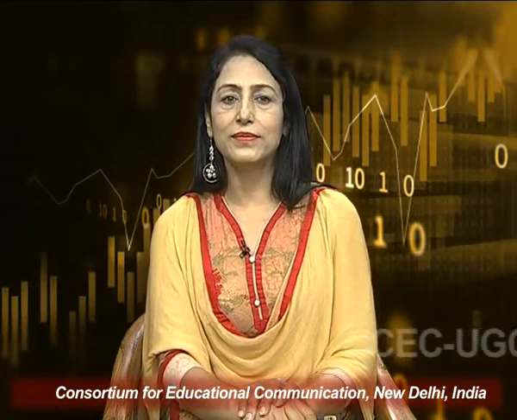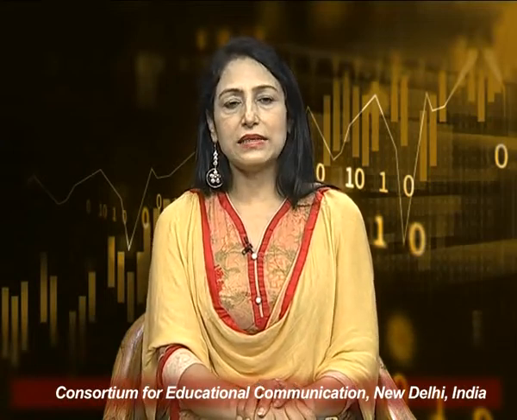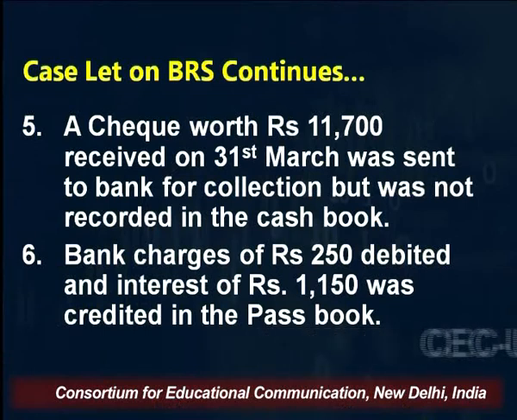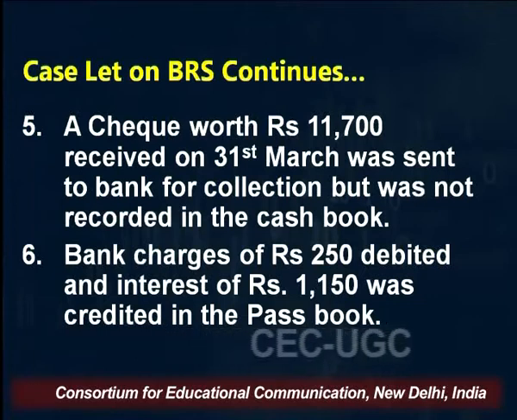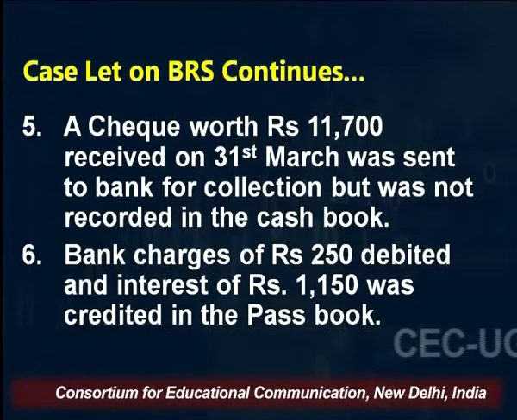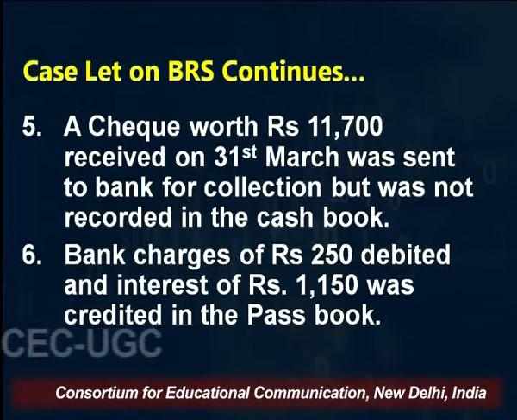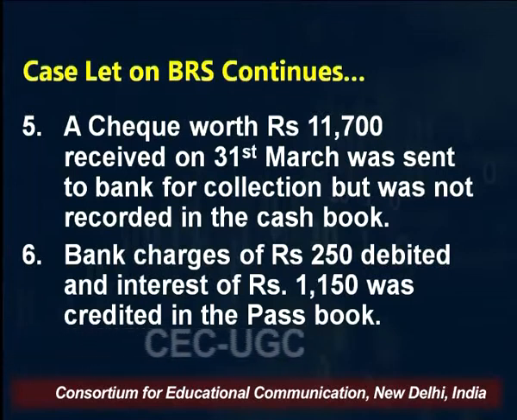Item number 6 says bank charges rupees 250 have been debited, and interest of 1150 has been credited in the passbook. The bank has reduced your balance by 250 because of some charge which you have not recorded, which means your passbook is lower by 250.